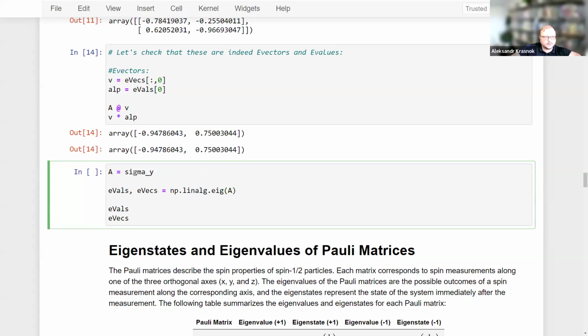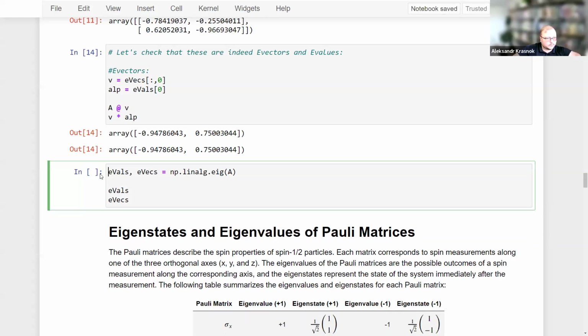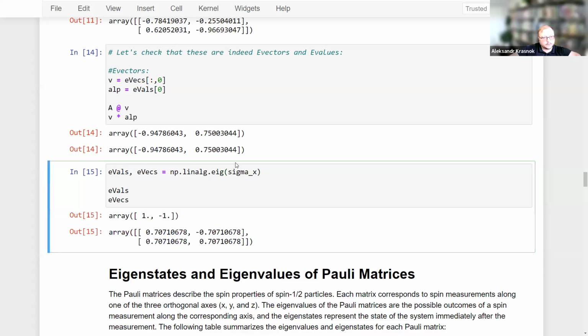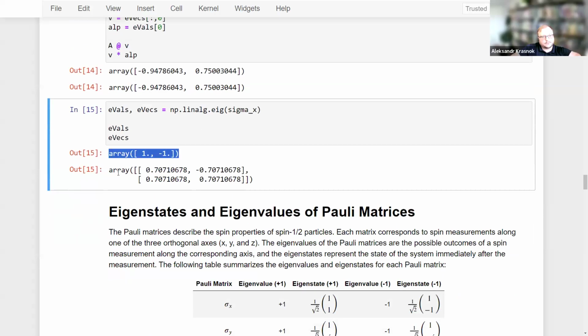Let us find the eigenstates and eigenvalues of the Pauli matrix Y, for example. I basically do the same, sigma x, for example. So these are eigenvalues and eigenvectors of Pauli matrix X. This is matrix Y. And finally, this is matrix Z. You notice that the eigenvalues of all the Pauli matrices are the same, 1 and minus 1.